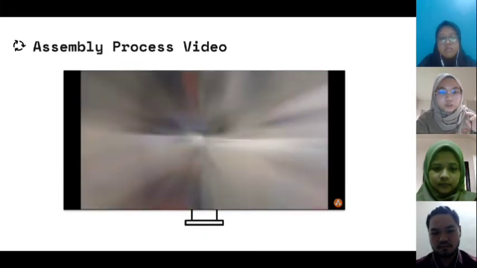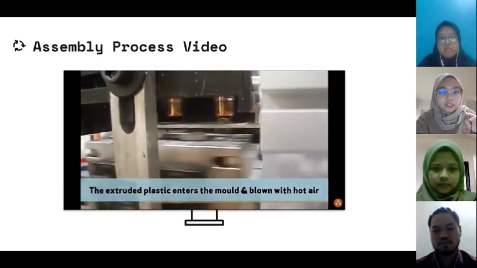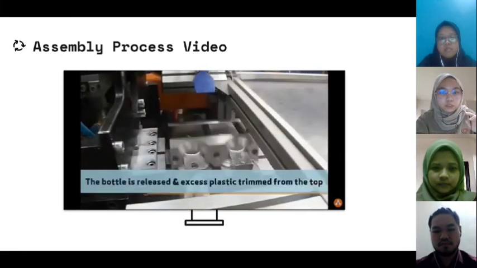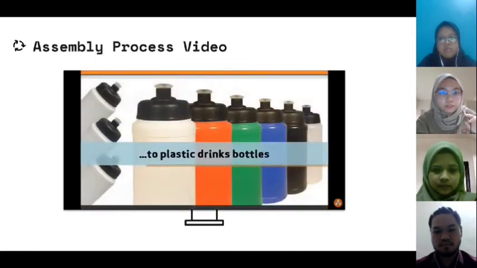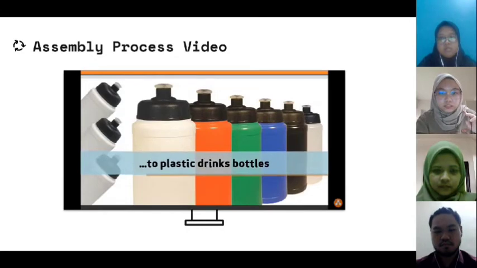Pellets are heated and extruded into tubular forms, and then the extruded plastic enters the mold and is blown with hot air. The bottle is released and excess plastic is trimmed from the top of the plastic drinks bottles.